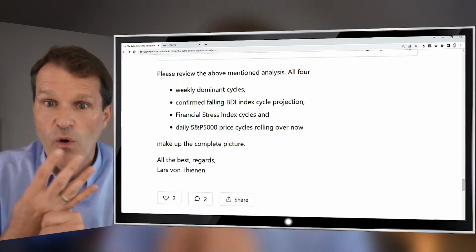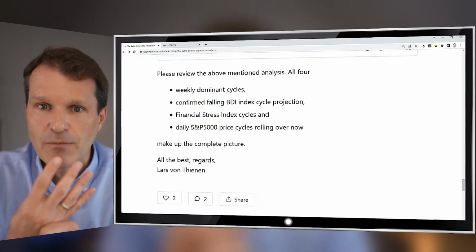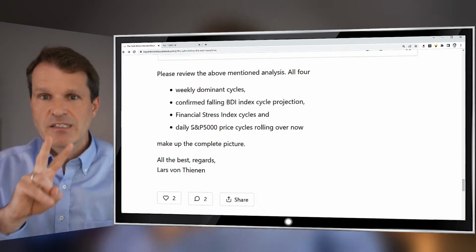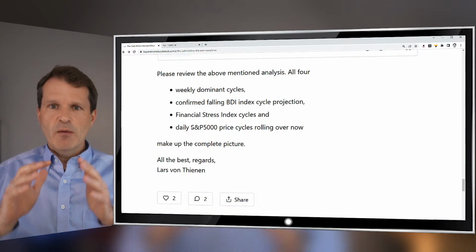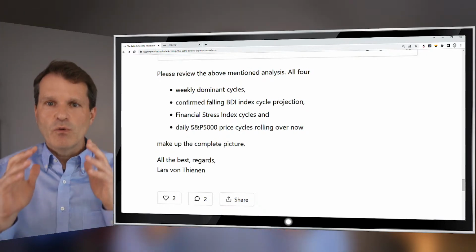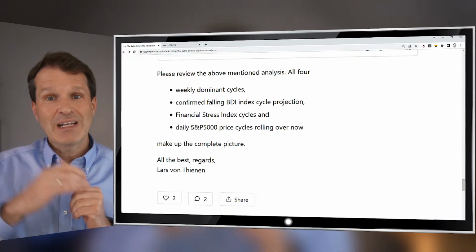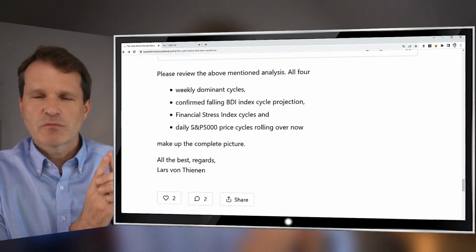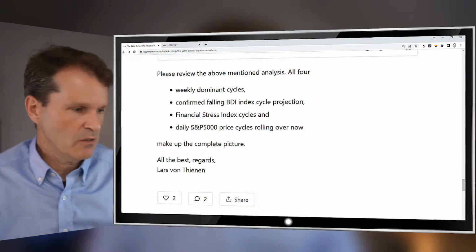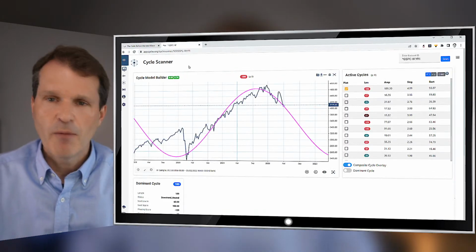And all these 4 analyses have come into alignment end of last year. That's the second takeaway. You often see single cycles in one data set, but often this is not enough. You need to see confirmation of at least 1 or 2 related data sets. And this was more or less a perfect alignment of cycles in different data sets.